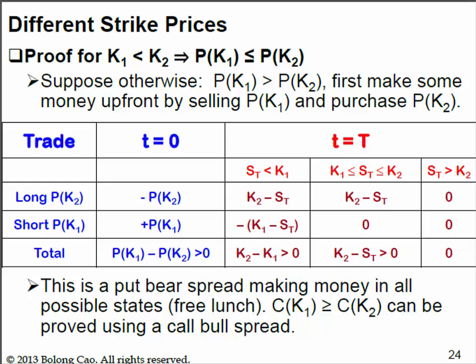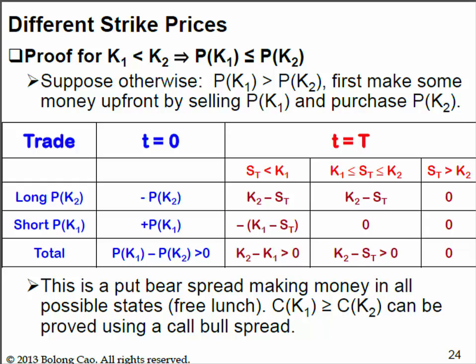Using the arbitrage strategy, we are selling the low strike put and buying the high strike put, where the pricing relationship is in reverse, which makes money up front. We made money up front, and then wherever the expiration price of the underlying goes, we will have either a positive payoff or zero payoff. We have non-negative payoff for all the possibilities.